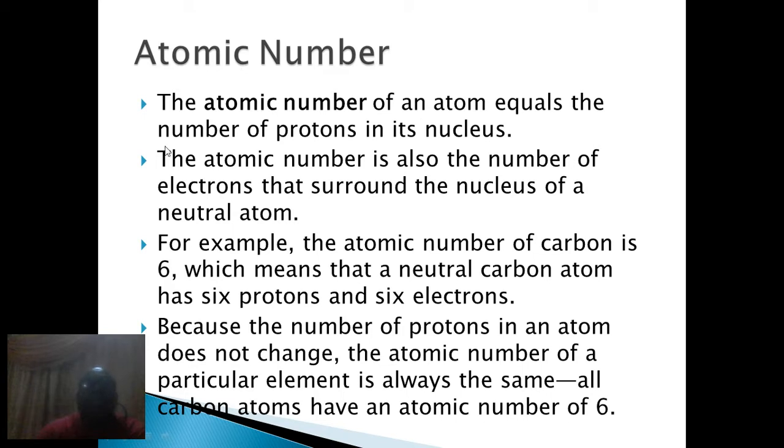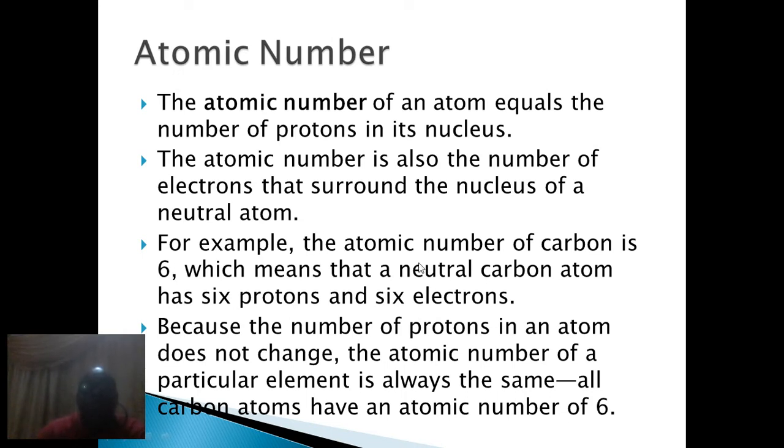Atomic number. The atomic number of an atom equals the number of protons in its nucleus. The atomic number is also the number of electrons that surround the nucleus of a neutral atom. It is the same as the number of protons in the nucleus or the number of electrons around the nucleus.